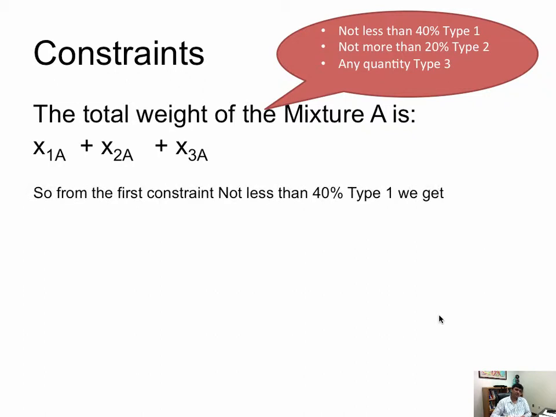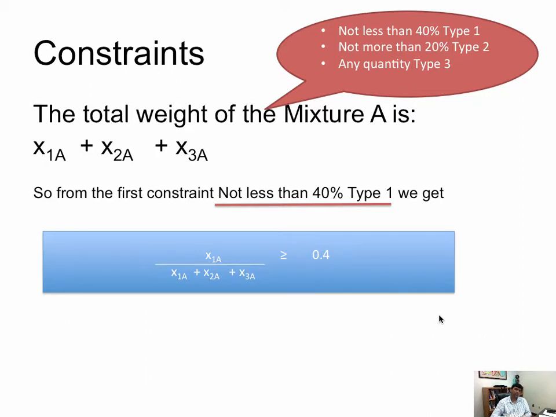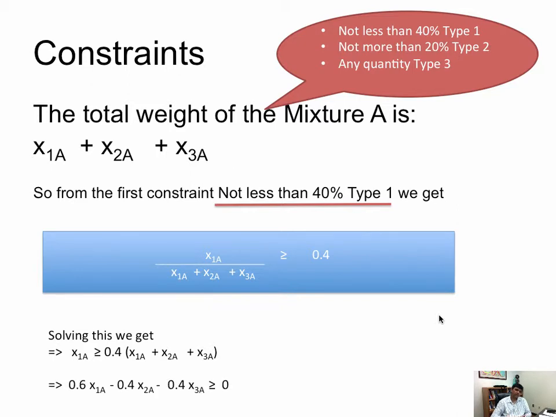And so from the first constraint, which is not less than 40% type 1, we get X1A divided by the total weight of the mixture should be greater than or equal to 0.4. Solving this, we get this form, and then further, if we move everything to the left from the right hand side, the constraint shows up as 0.6 X1A minus 0.4 X2A minus 0.4 X3A should be greater than or equal to 0.